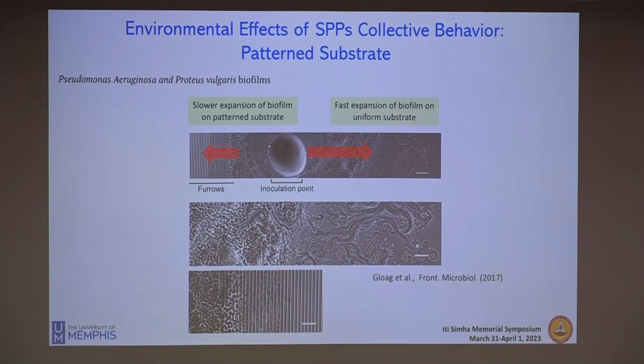What they observe is that here you have a biofilm that grows much faster on the uniform substrate than on the non-uniform substrate. The substrate here is such that the direction of the grooves is perpendicular to the direction of growth of the biofilm. And so the substrate structure affects the collective behavior of these cells.